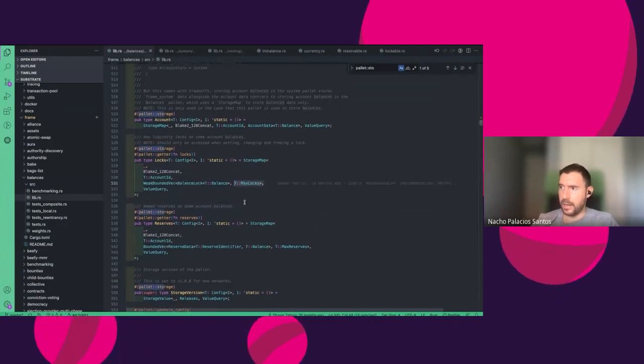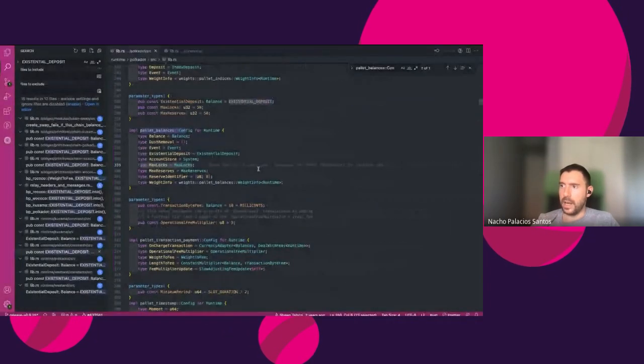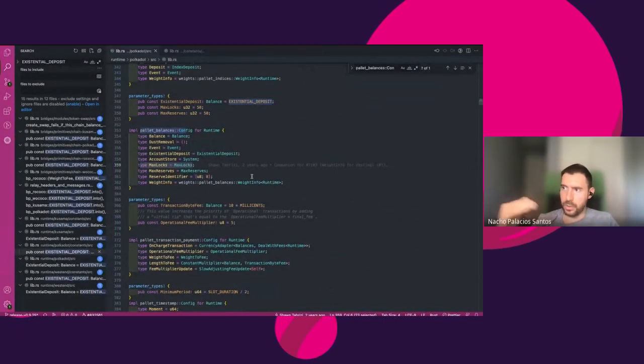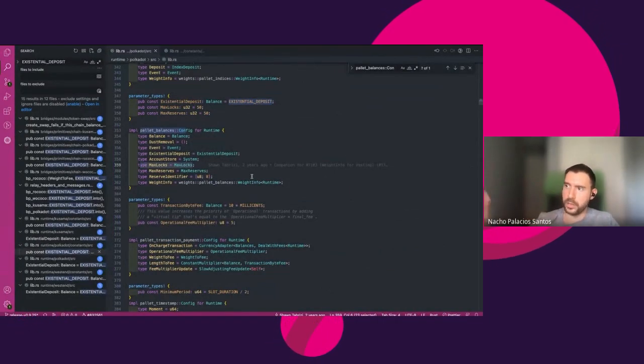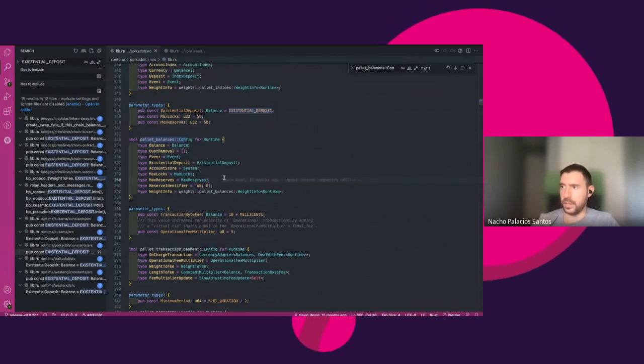It's using a bounded vec with max locks. What it means is that when you start adding new locks in the balances pallet, it cannot go beyond these max locks, which right now is set to 50 in Polkadot.